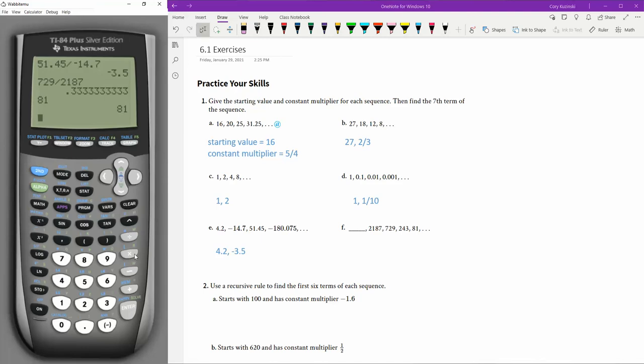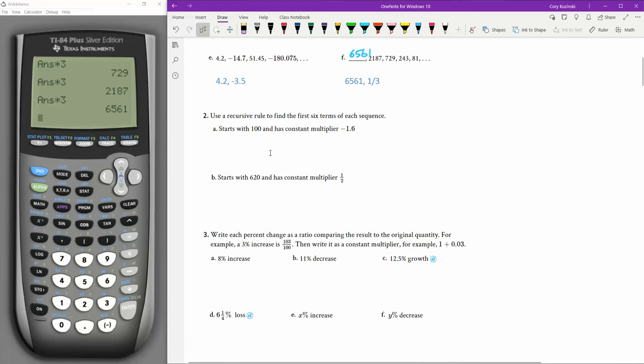So 81 times 3 is 243, times 3 is 729, times 3 is 2187. If I multiply by 3 here again, I'll get my starting number, which is 6561. So 6561 is our starting value there, because we multiplied by 3, going backwards. So our starting value is 6561, and our multiplier is 1/3. 1/3 of 6561 is 2187.